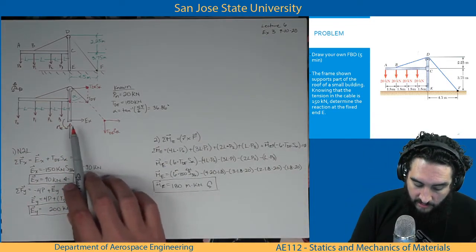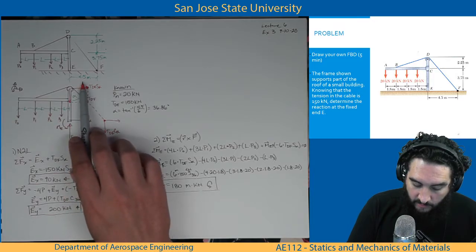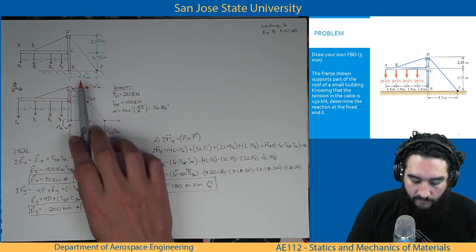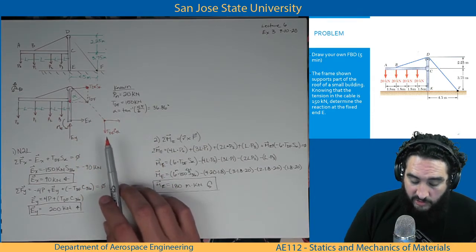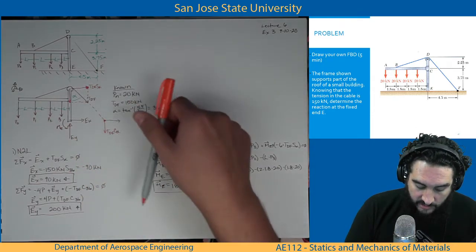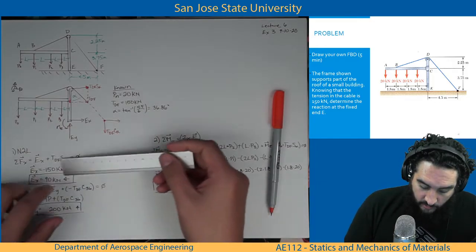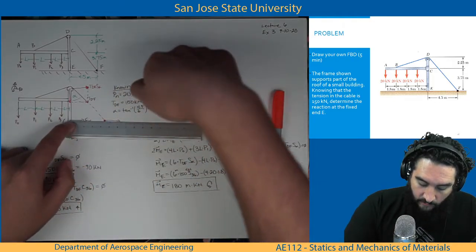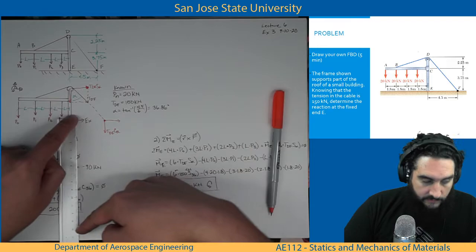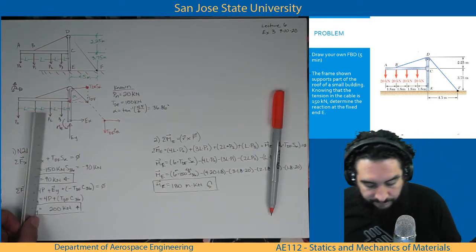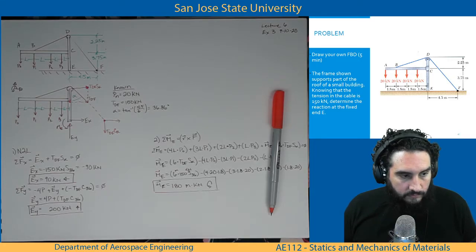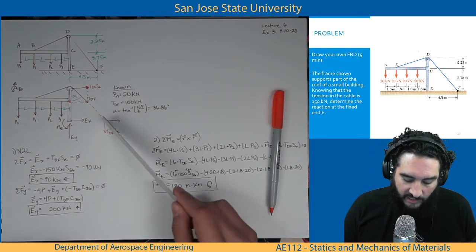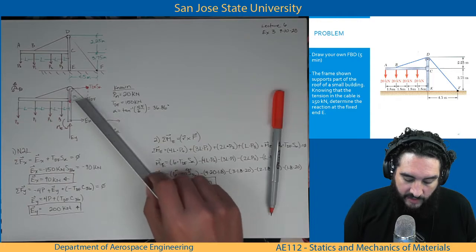But if I moved it here, TDF cosine of alpha would have to be multiplied by 4.5 meters, and would also be negative because it opposes the direction we call positive, because the force applied would make this type of moment. We tracking that? That I can move TDF along its line of action?